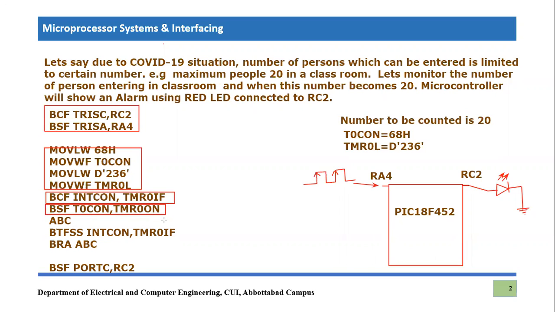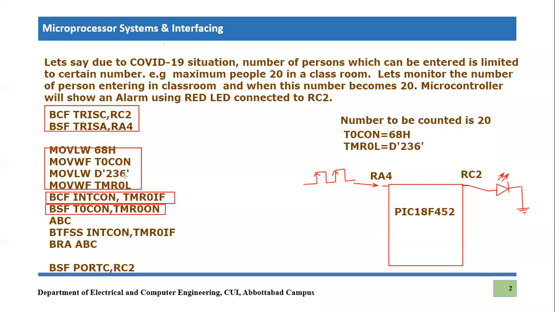And this rollover will happen when 20 people would have entered. Remember the calculation, the initial count is 236, so 236 plus 20, if we make it plus 19, that means one entry is remaining, so it will become 255, which is the maximum value.